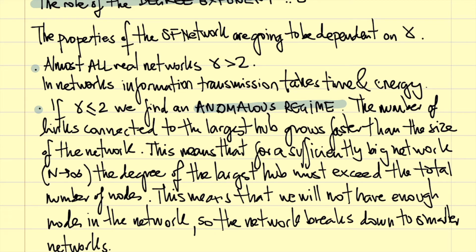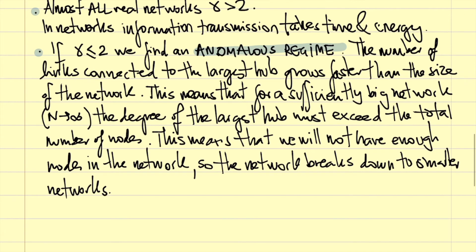Okay, so the network is not stable and breaks down. This is for gamma smaller than 2. We have a problem with energy. Okay.